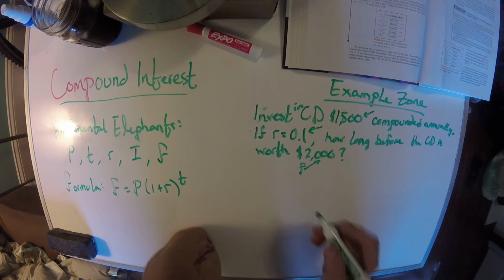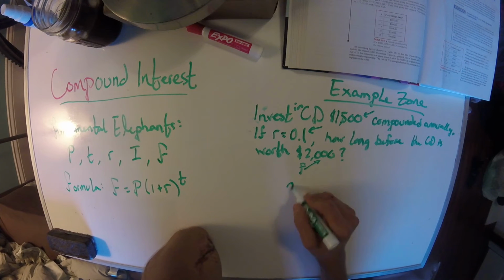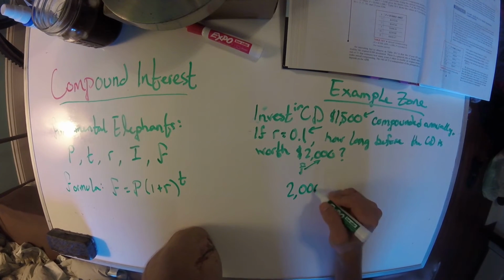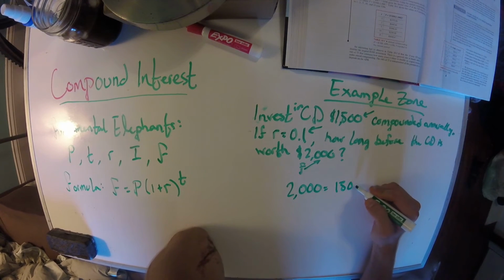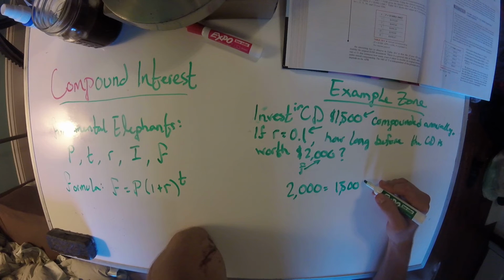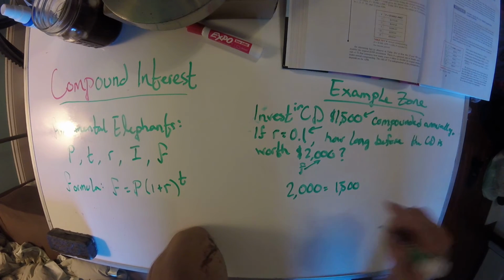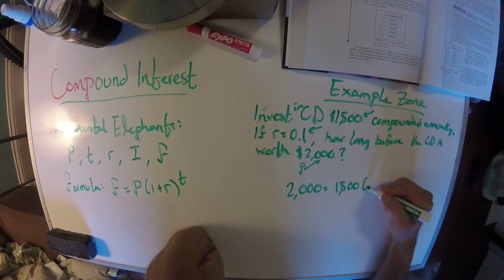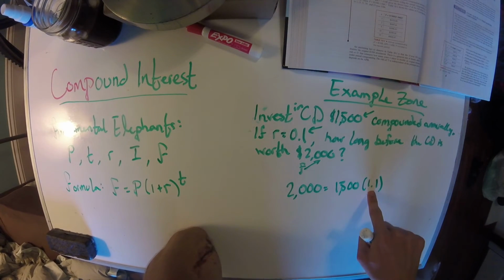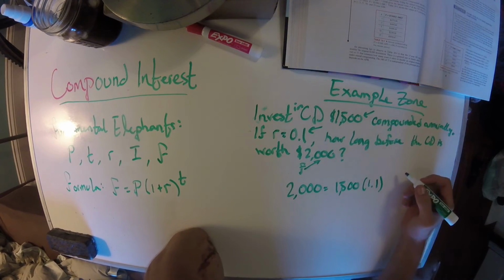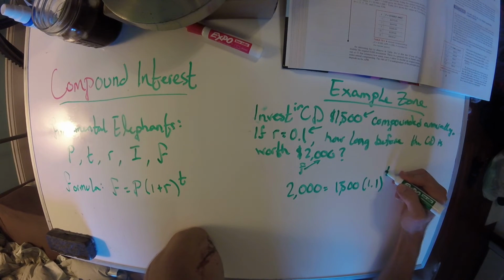So let's go ahead and set that up. So let's do, again, 2,000 equals 1500 times 1 plus 0.1 or 1.1. I hope everybody's okay with that. This is 1 plus 0.1. And then raised to the t.